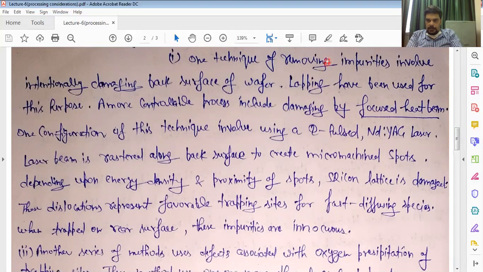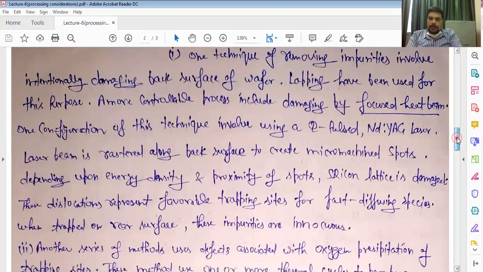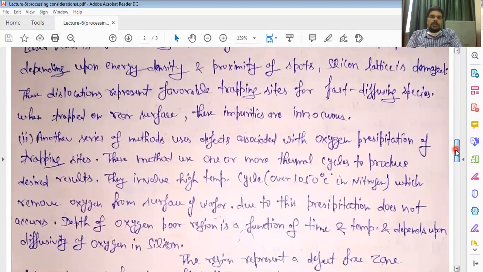The laser beam is rastered along the back surface to create micro machined spots, and once these spots are formed on the back side of the wafer, they work as traps for the impurities. So impurities are trapped on these surfaces. Depending upon energy density and proximity of the spots, the silicon lattice is damaged.